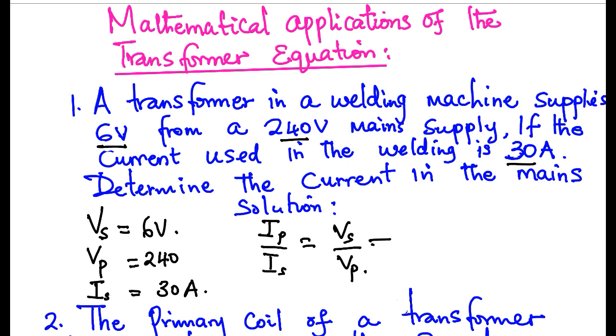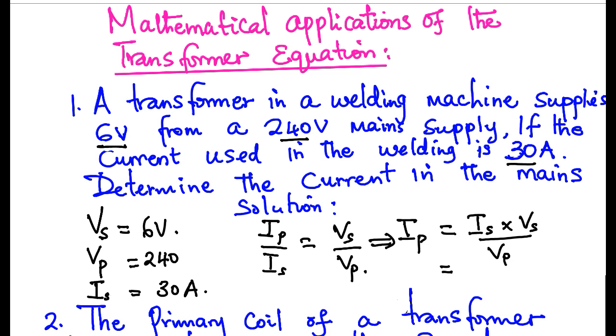This implies that primary current, which we want, is equal to secondary current multiplied by the secondary voltage divided by the primary voltage.